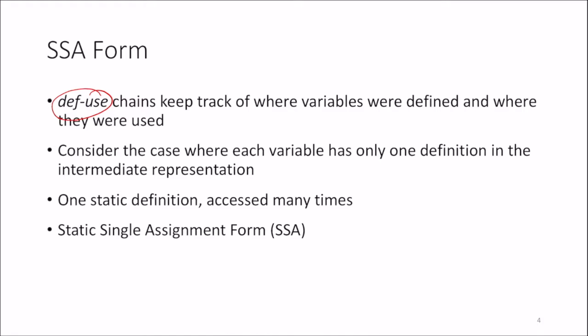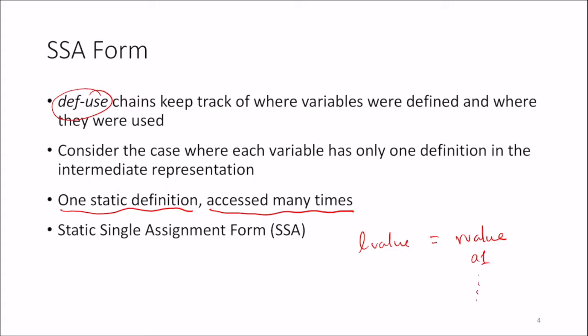If a variable only has one definition, it has essentially one place where it's defined. It's never defined any other place. However, it can be accessed many times on the right-hand side. So what static single assignment form does is, if I have an L value equal to an R value, let's say you have A1.